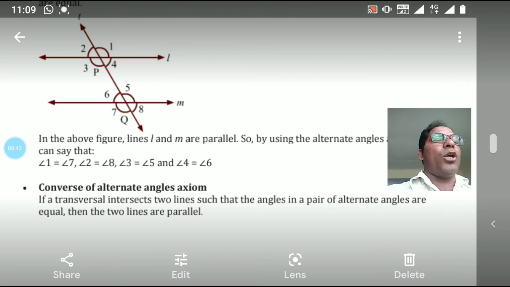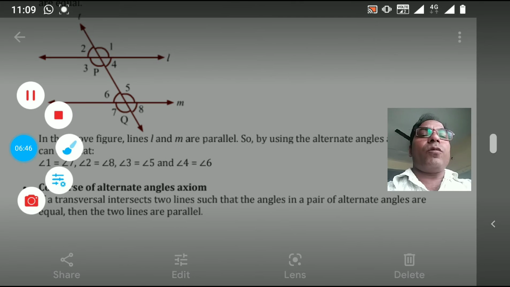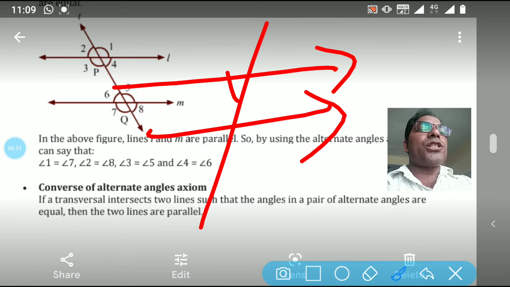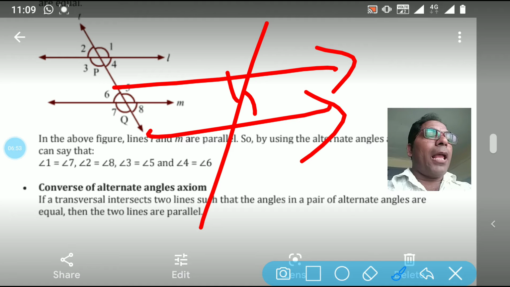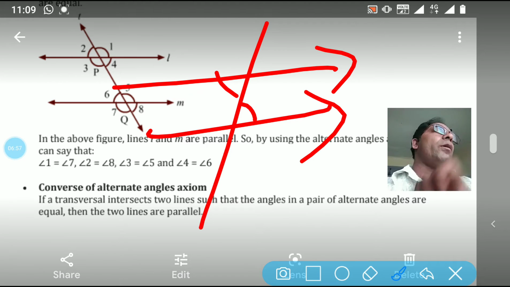What is the meaning of converse? Here in one situation, lines were parallel. First of all, if lines are parallel, then these alternate angles will be equal. And the converse means if angles are equal, then lines will be parallel. So this is the converse of the alternate angle axiom.